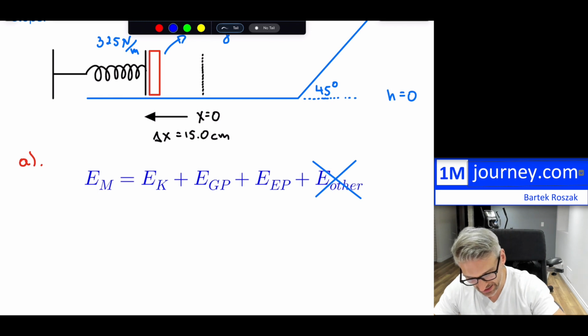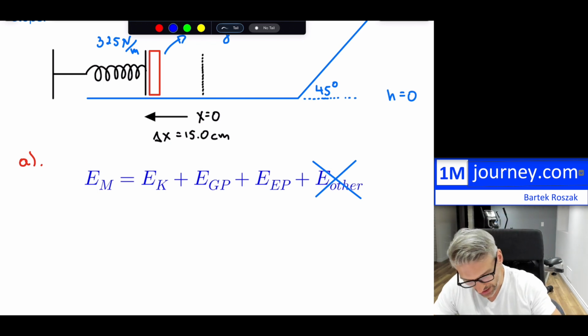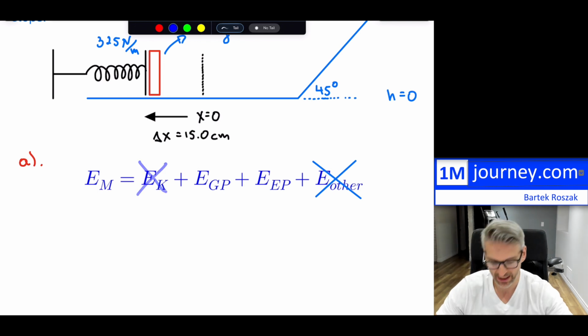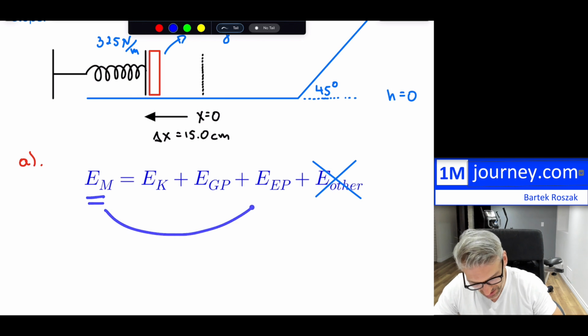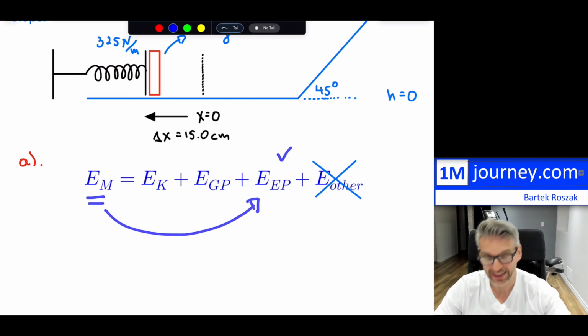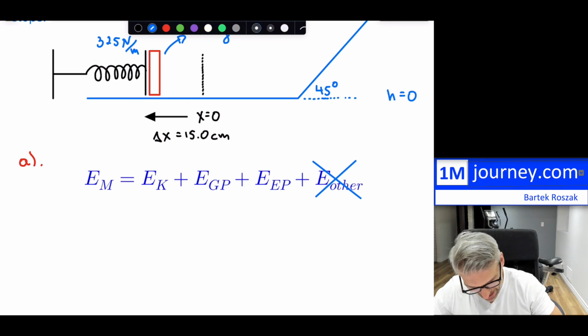So at this instant, as it gets compressed, it will have no gravitational potential energy. Also, if it gets compressed and held there, there is no speed, so there is no kinetic energy. Therefore, all of the mechanical energy is being stored in the elastic potential energy within the spring. Now, we know what that is.